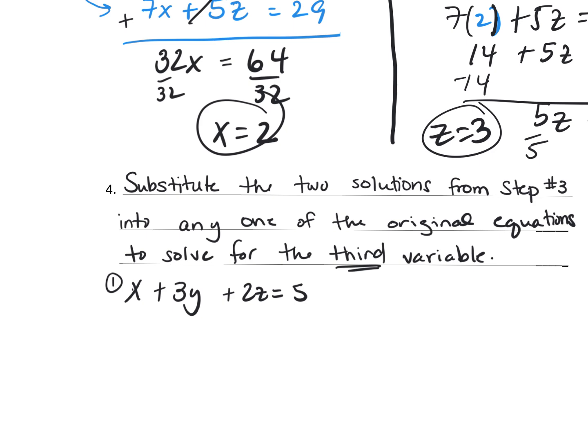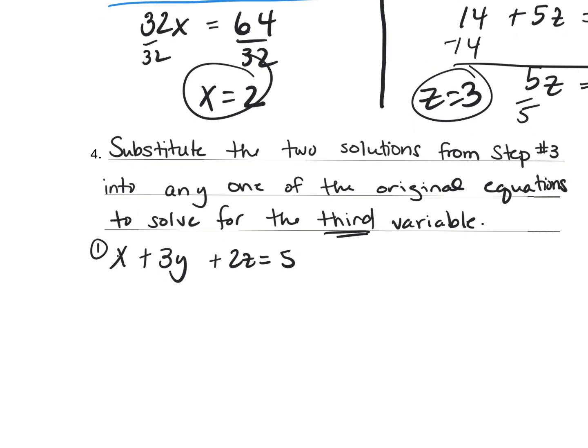And in place of x, I'm going to put a 2 from here. In place of z, I'm going to put a 3. So x is 2. Plus 3y. And then z is 3.